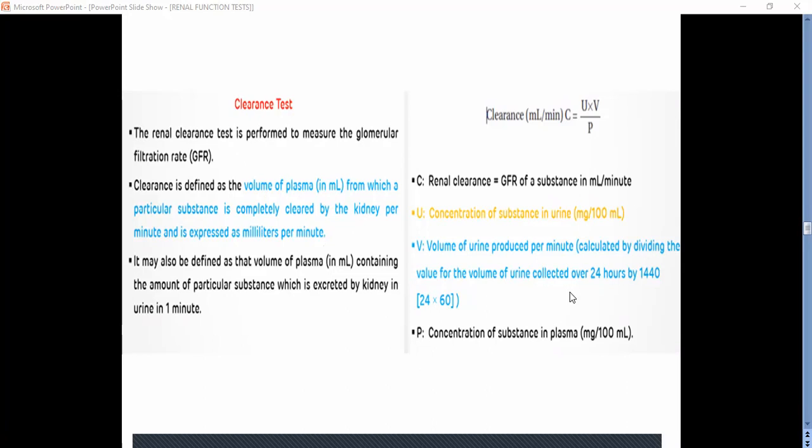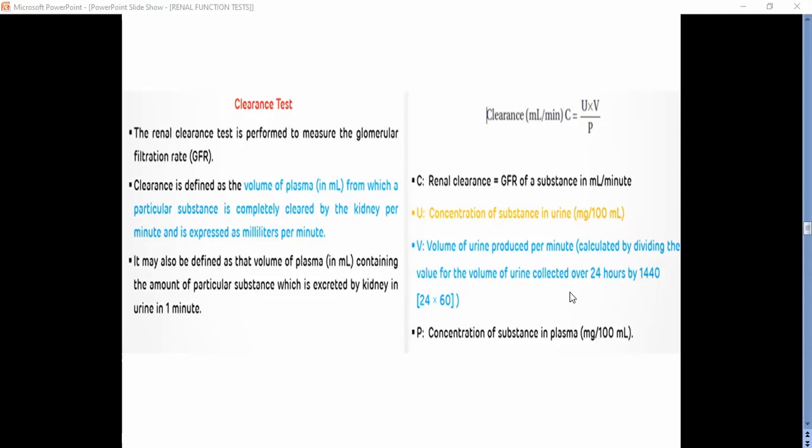Listen carefully: per minute, how much of a substance is being cleared from the amount of plasma that came into the nephron. That is the amount of a particular substance cleared from the plasma by the kidney per minute.